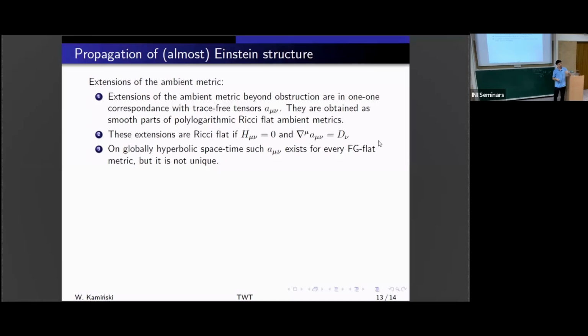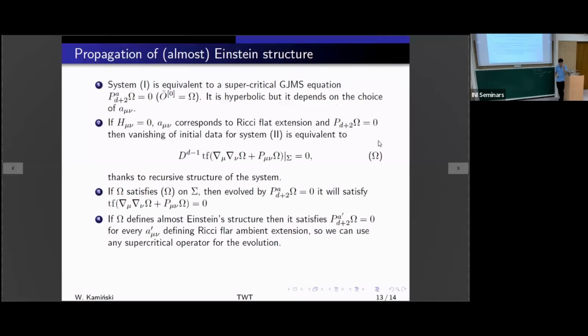They are constructed as a smooth part of the Ricci flat polylogarithmic extension. This smooth part usually is not Ricci flat, but in this case it is. And on a globally hyperbolic spacetime, such an A always exists. Of course, it's not unique; there are many of them. However, we can use one of them to propagate our omega.